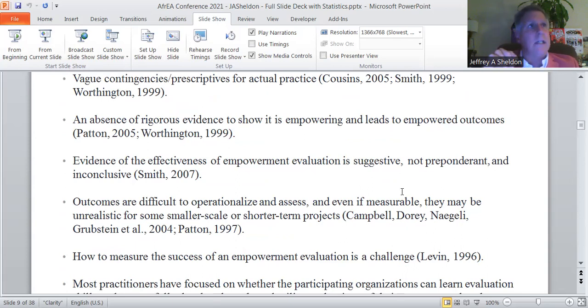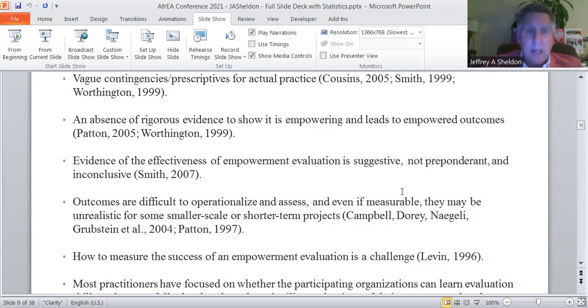There isn't a "do this, this, this, and this" if you're using a three-step model, or "make sure you're doing these things" if you're using a five-step model. No, the models give you this: here's what it looks like, here's what you should be doing, but it doesn't tell you how to do it.